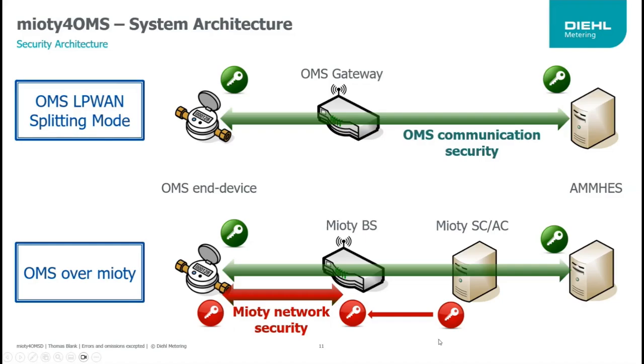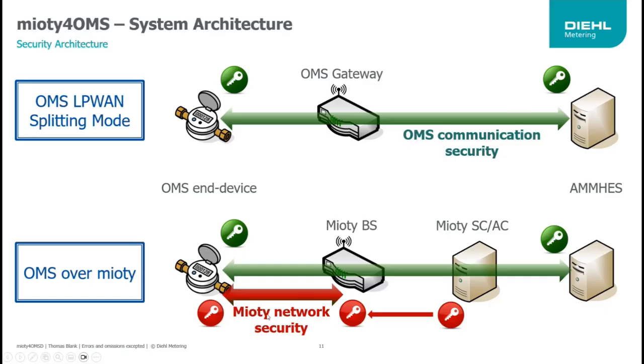You may know that we have the mioty network security here, and the network key is provided via the service center, application center down to the mioty base station. That means the radio technology here, the radio frame on air, is additionally secured with the mioty network security.